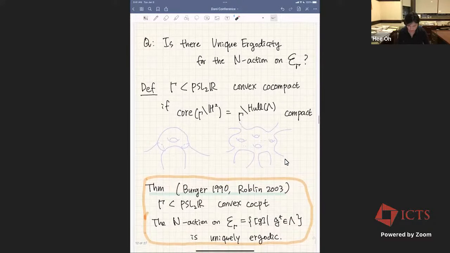Now, it's the theorem of Burger in 1990. First, Burger proved this for some special class of convex co-compact surfaces, and Roblin proved this in general in 2003. If our discrete group gamma is a convex co-compact subgroup of PSL2R, then indeed the horocyclic action on E of gamma, which means the right translation action of N on this E sub gamma, is uniquely ergodic.